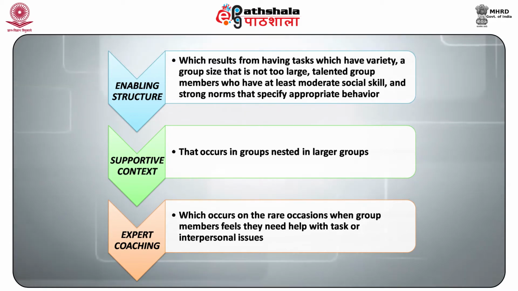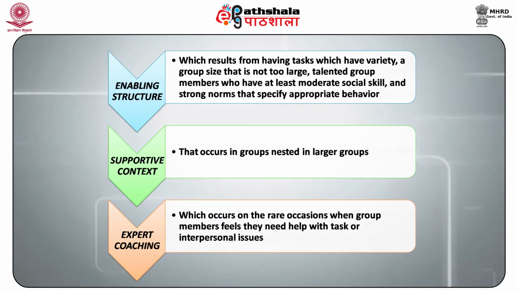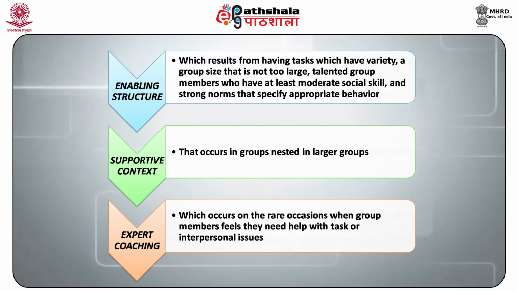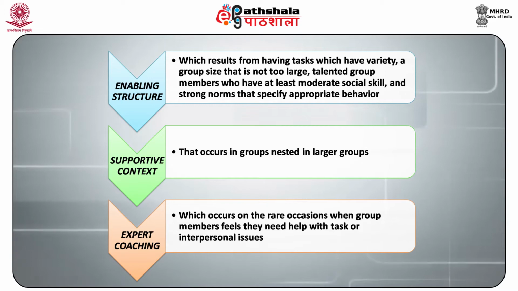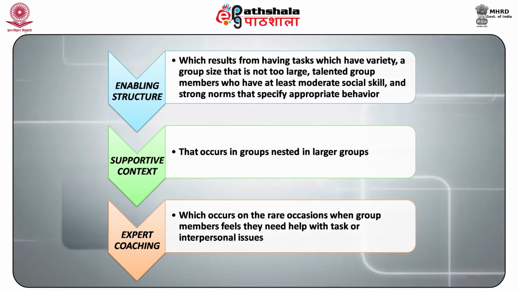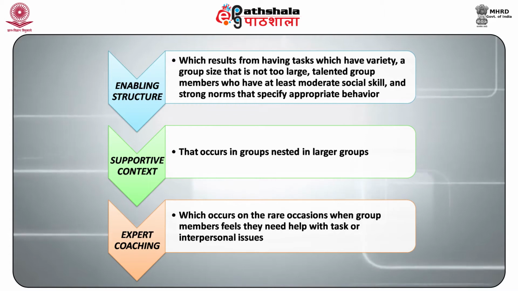C. An information and material system that provides the needed information and raw materials, for example, computers. Fifth, expert coaching, which occurs on the rare occasions when group members feel they need help with tasks or interpersonal issues. Hackman emphasizes that many team leaders are overbearing and undermine group effectiveness.